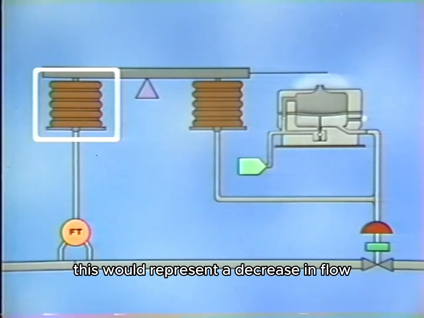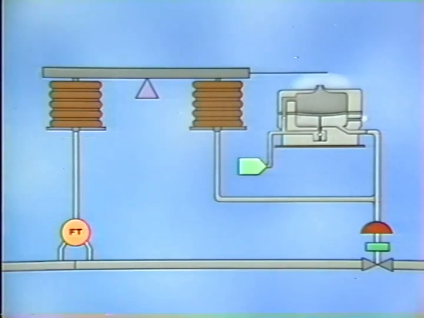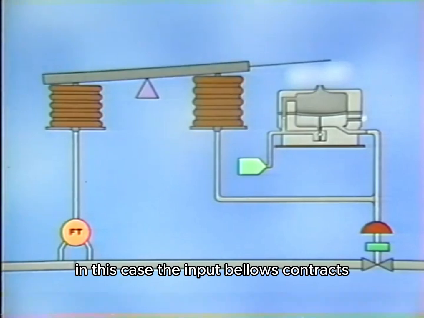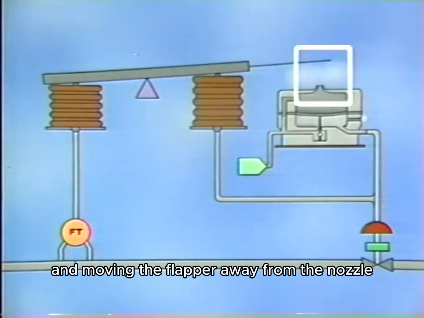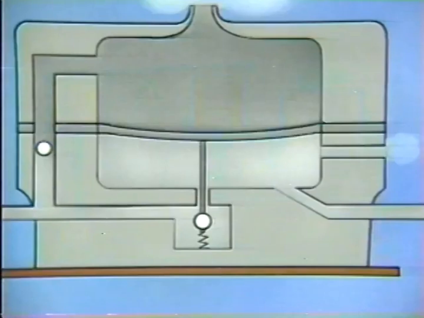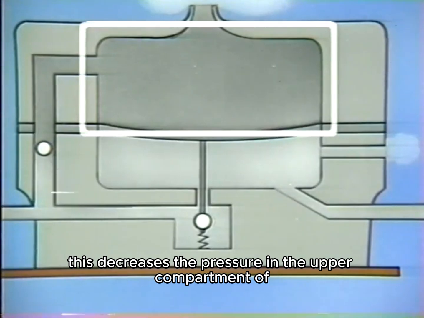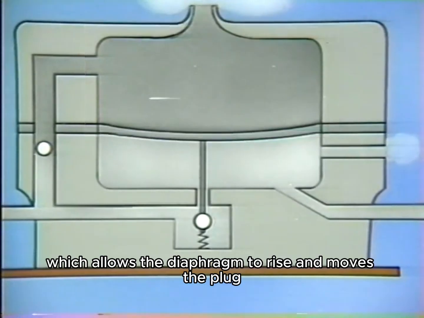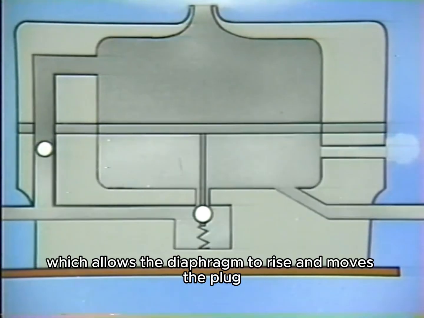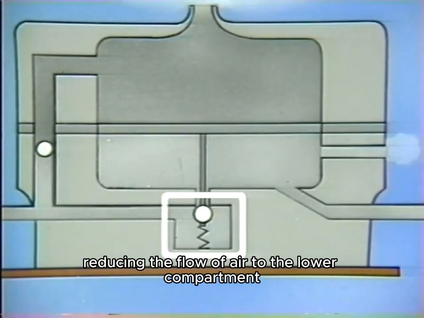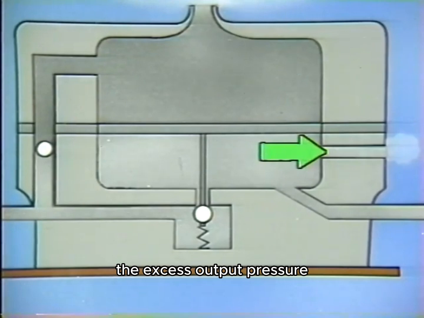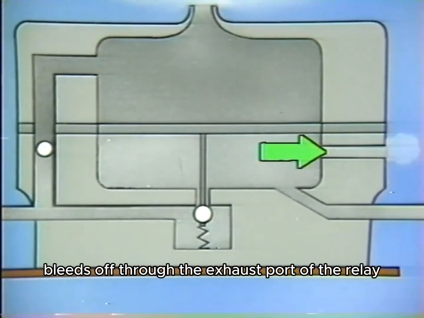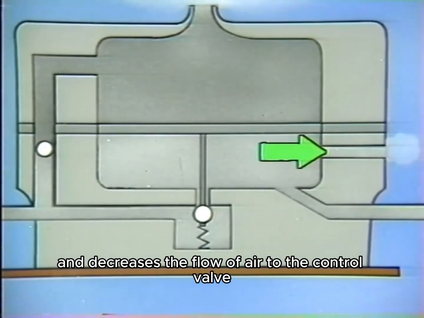Now let's see how the relay would respond should the signal to the input bellows decrease. This would represent a decrease in flow. In this case, the input bellows contracts, pivoting the beam and moving the flapper away from the nozzle. This decreases the pressure in the upper compartment of the relay, which allows the diaphragm to rise and moves the plug, reducing the flow of air to the lower compartment. The excess output pressure bleeds off through the exhaust port of the relay and decreases the flow of air to the control valve.